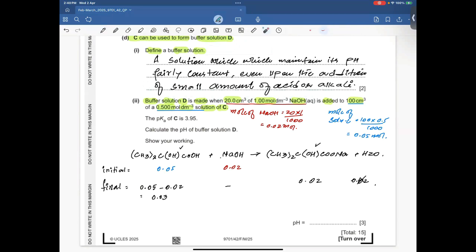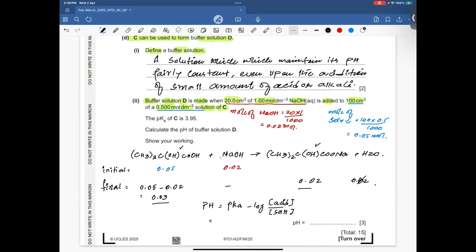See, the total volume of this buffer solution will remain the same, which is why that volume will cancel out in the Henderson equation. So we don't need to convert these moles into concentration. So let me write the Henderson equation straight away. pH equals pK minus log concentration of acid over concentration of salt.